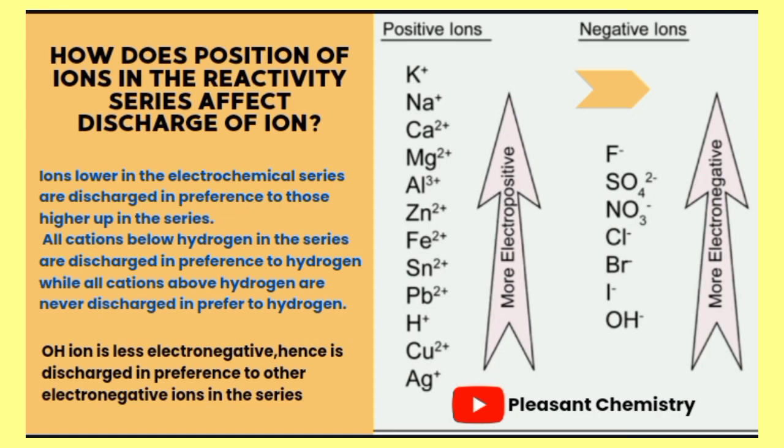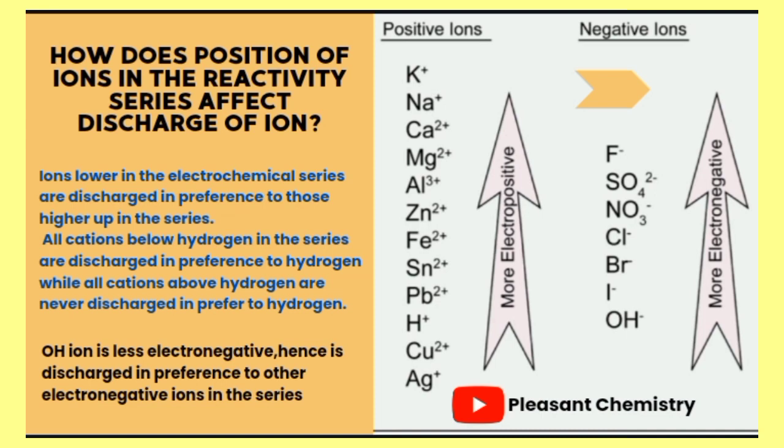In the same vein, if hydrogen and copper are in the same solution competing for which one will be discharged, copper will be preferentially discharged over hydrogen. Why? Because copper is less electropositive than hydrogen.